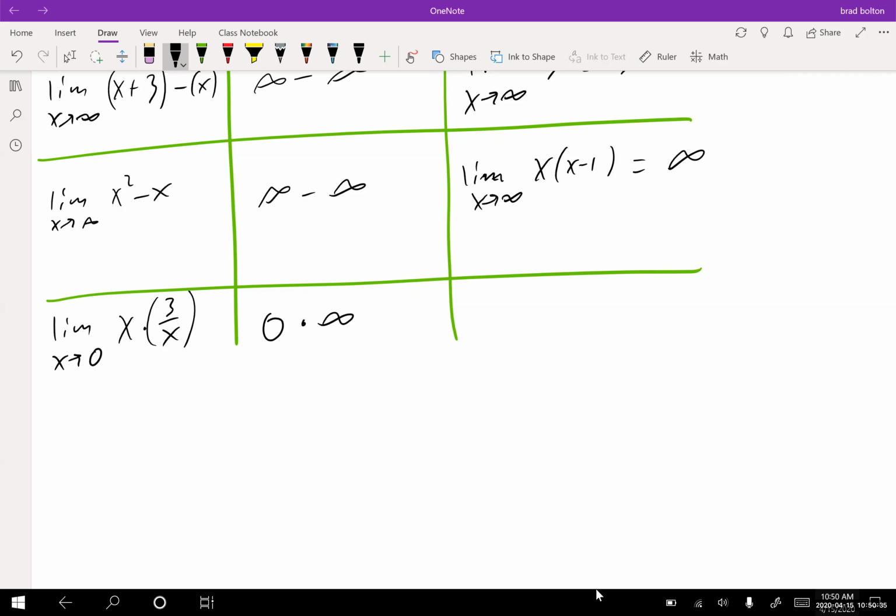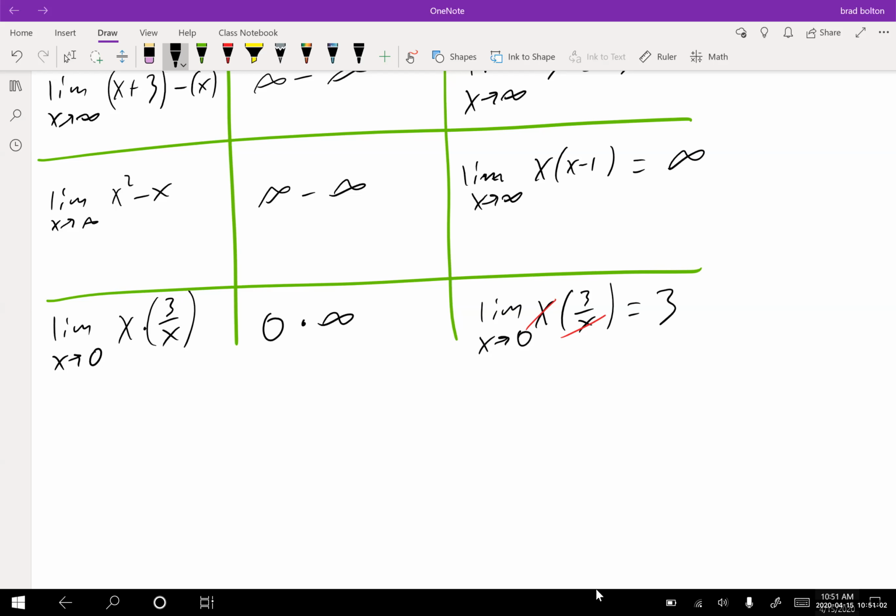But we could have used cross-canceling, with x times 3 over x, and we could have just canceled the x's. And this would just become 3.